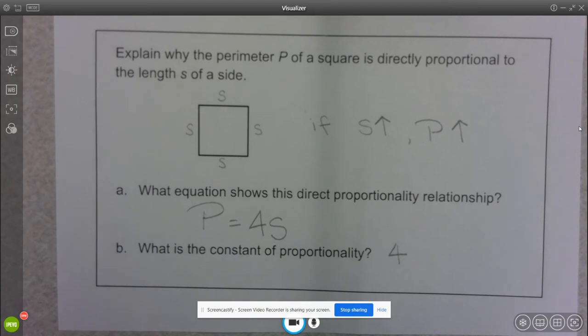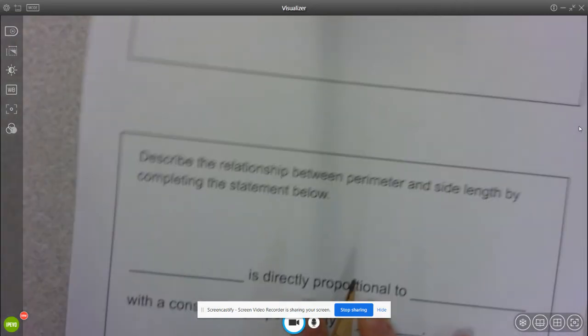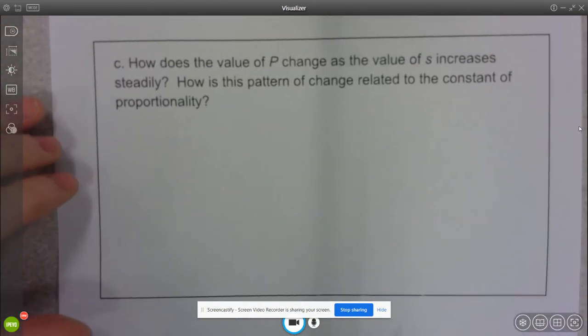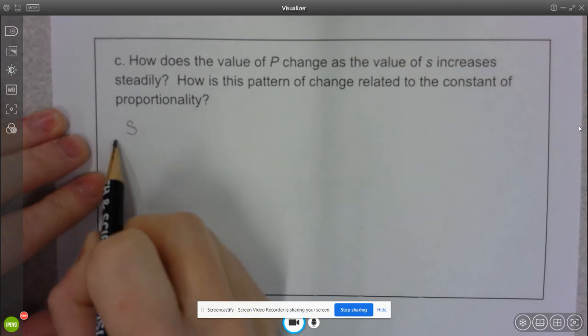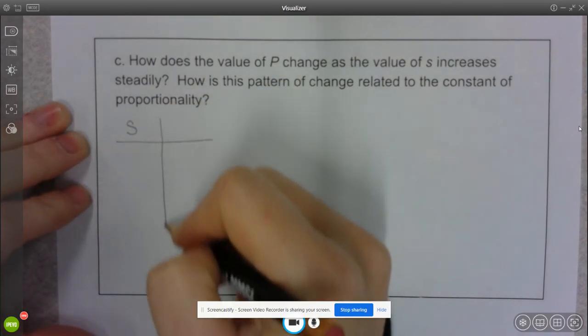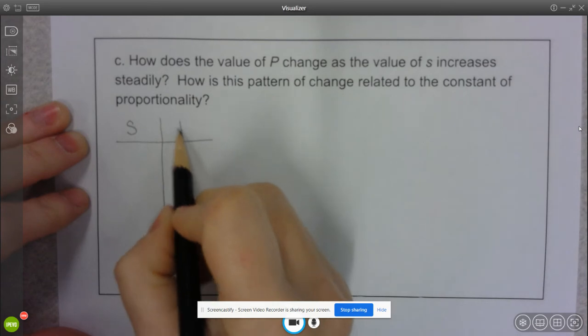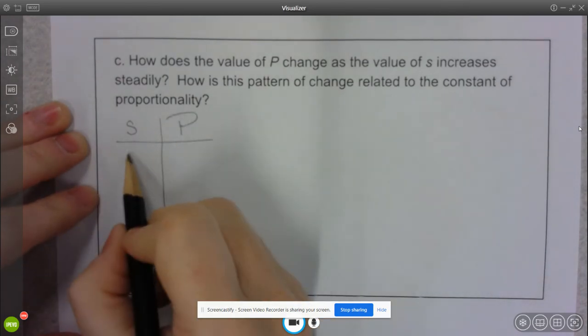Now, if you think back to your time in Math 1, this is an example of a linear equation. So when we look at this pattern in a moment, we should see that linear change in our table. So for part C, I'm going to look at my side length and just make a table to make life easier, versus my perimeter.